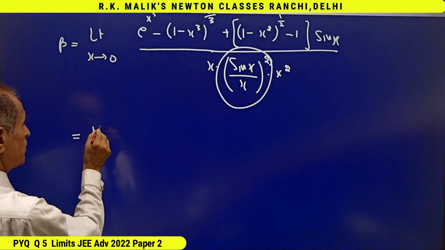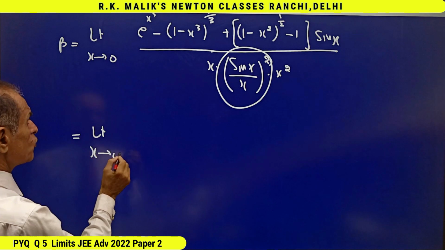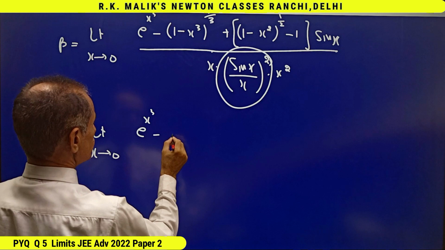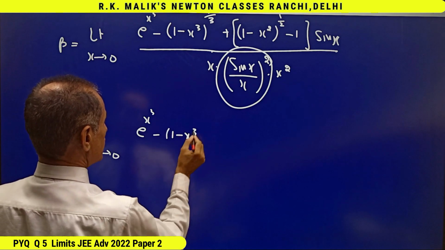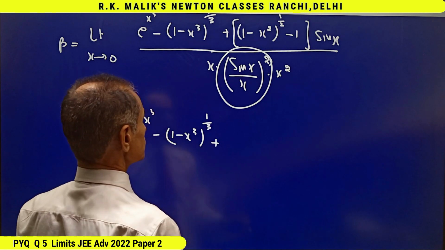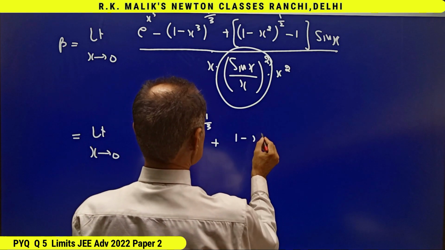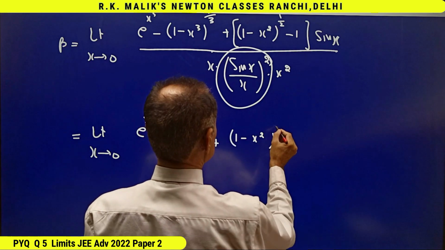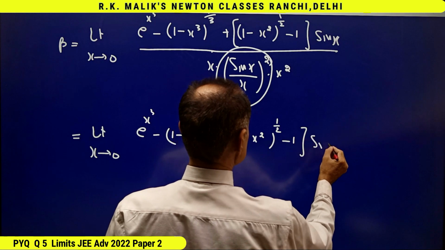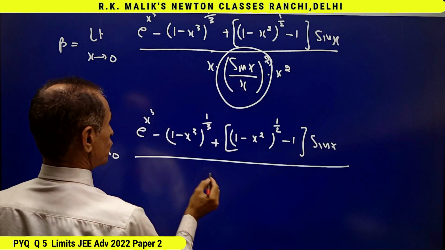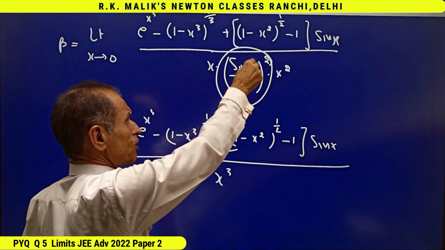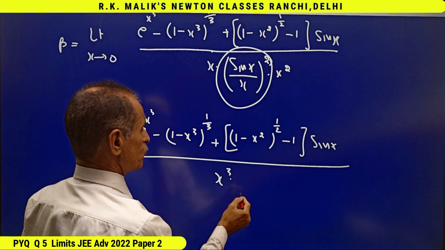Hence, I will be writing limit x tends to 0 of (e to the power x cube minus (1 minus x cube) whole to the power 1 by 3 plus (1 minus x square) whole to the power 1 by 2 minus 1) into sin x whole upon x cube. Because the limit of this part is 1, therefore into 1 is there.